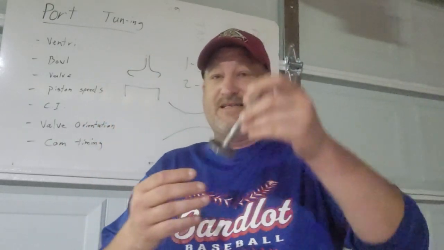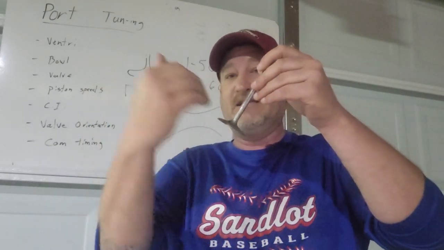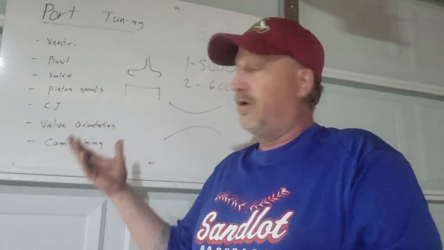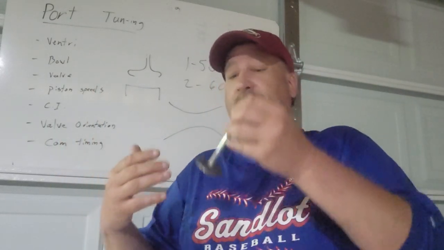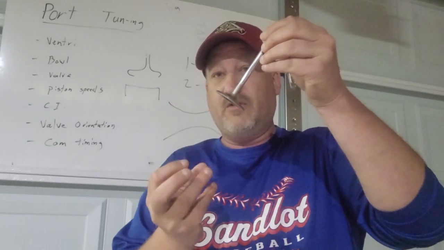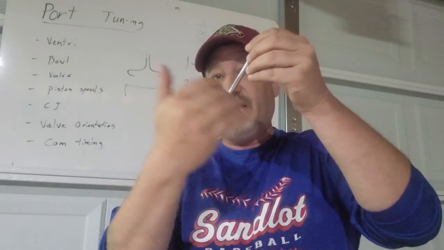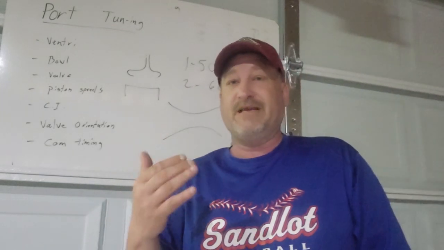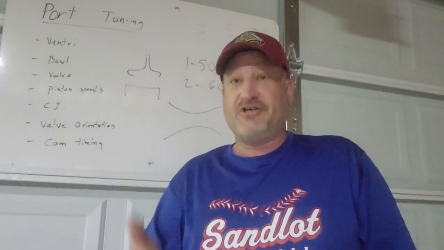The majority of engines are designed so that the maximum velocity of air, once the vacuum is being exposed to the port, will actually travel across the valve. It is not traveling all the way around the valve. It is favored to one side. So that's why there's a curvature to most of your intake ports. They're not a straight shot.